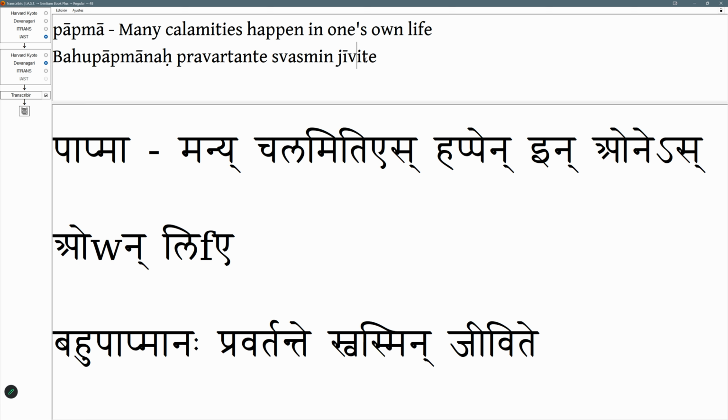But what's the point of putting this long swasmin? ¿Cuál es el sentido de poner todo este largo swasmin, separated from jivite? ¿Cuál es el sentido de ponerlo separado? Yes? Complicated. Use a compound. Usa un compuesto. So put swa in a compound, like this. Swajivite. Finish.